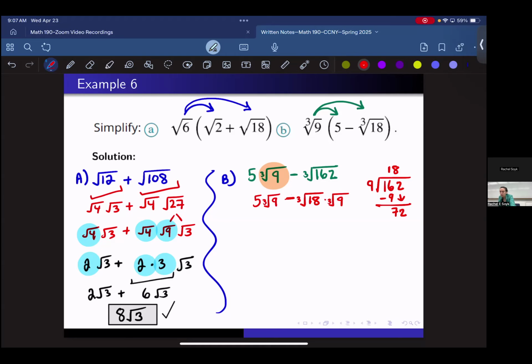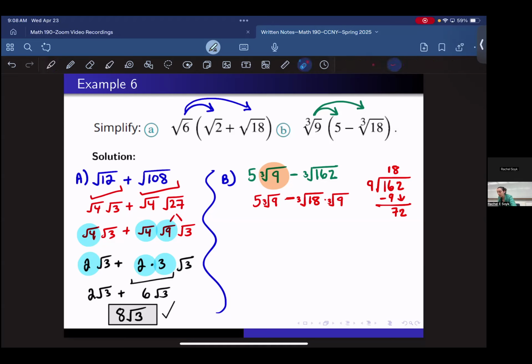Now, cube root of 18, I don't think that I'd simplify that further. I want to make sure that you can't simplify. We have 2 to the third is 8. Does 8 go into 162? No. 3 to the third is 27. Ooh. Yes.